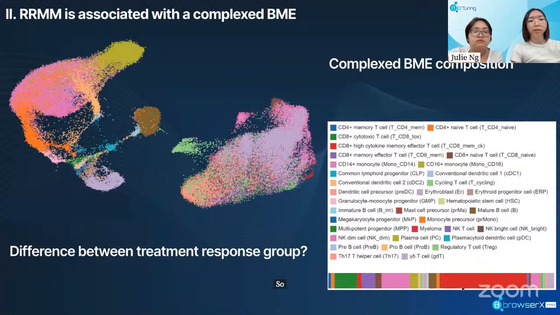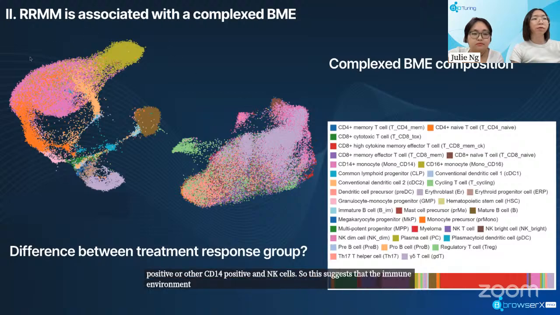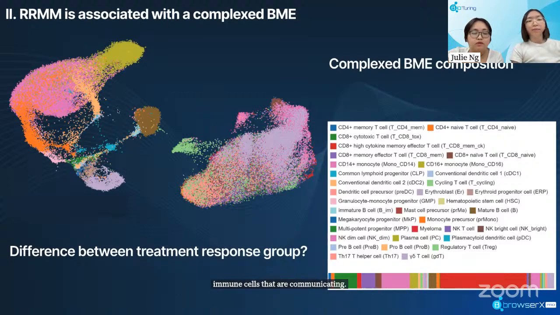In the composition, we see a very large proportion of myeloma cells, and other cells with large proportions are CD8 positive, CD14 positive and NK cells. This suggests that the immune environment in the bone marrow is quite complex, because a lot of immune cells are communicating. Basically we see a lot of T cells in this microenvironment.